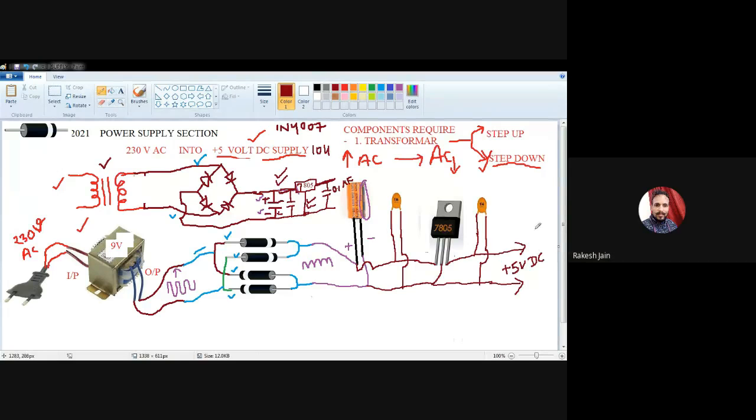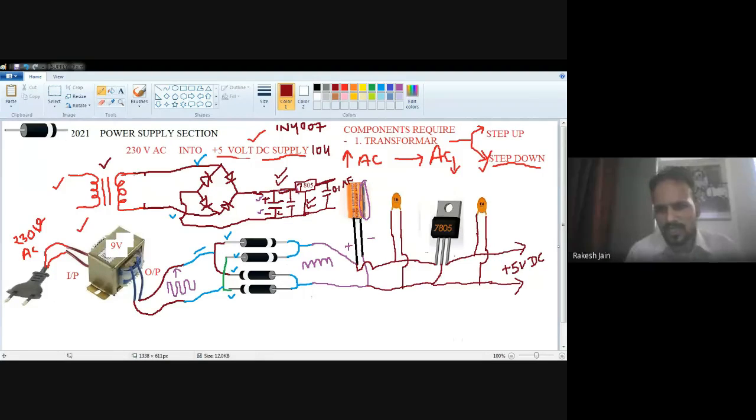If you connect a mobile charger pin over there, I just come here. Charging cable image. The mobile charging cable looks like this one.